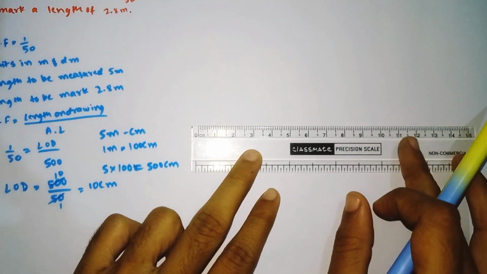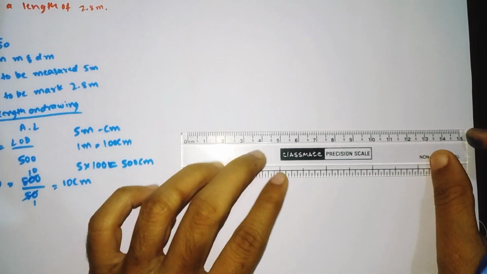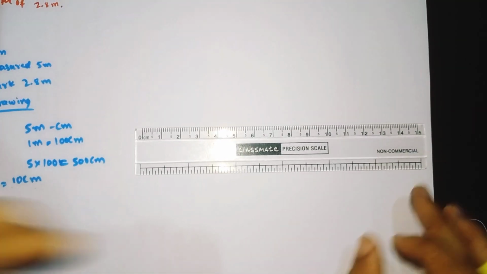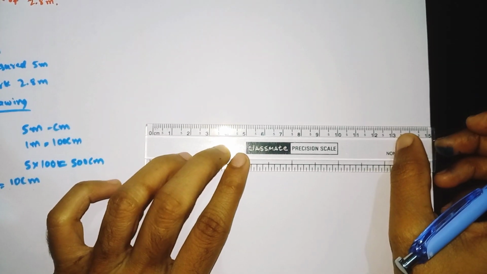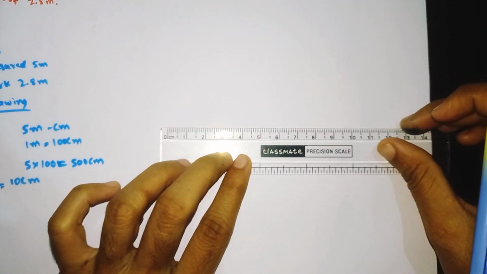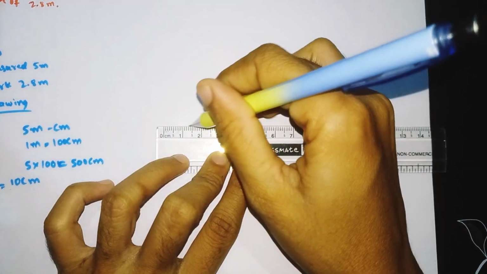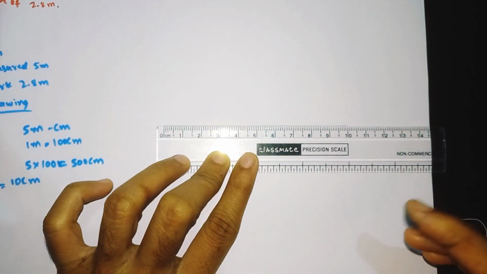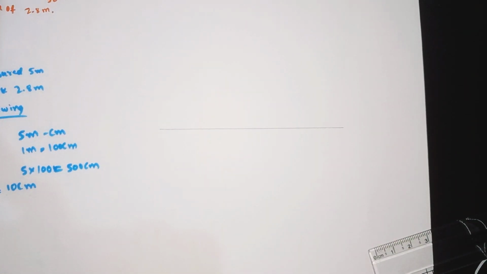By using the pencil we have to draw the 10 centimeter thin line. So I am using the pencil. So here I will draw the 10 centimeter line. This is the 10 centimeter line.